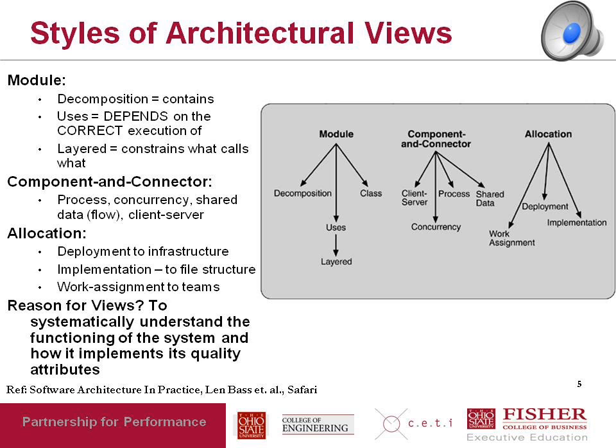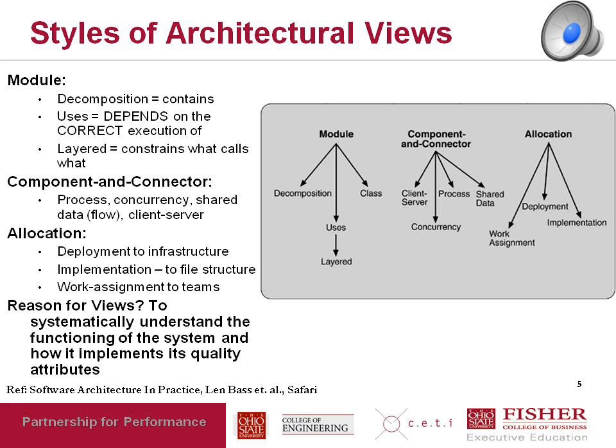Remember, you can have multiple module views. Coming back to the university example, the departmental, college, university hierarchy, as well as the classroom, building, road hierarchy, were both module views, just describing different aspects of the university architecture.